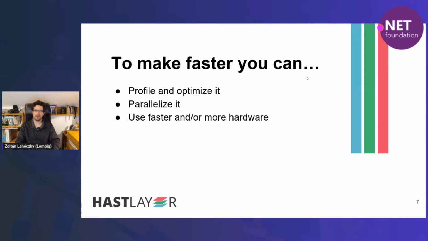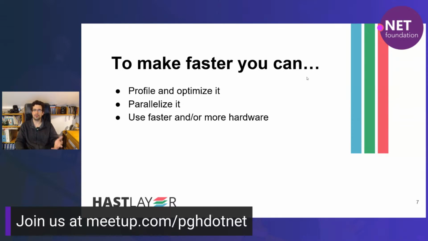And there are a couple of steps you can take to solve this issue. First of all, of course, you can figure out what's slow, what takes the most resources. And the way to do that is to profile your application and then optimize it. Let's suppose that you have already done that. And a further step, or sometimes the part of optimization, is to parallelize your algorithm. Now, we are talking about still parallelization, what happens in your application.